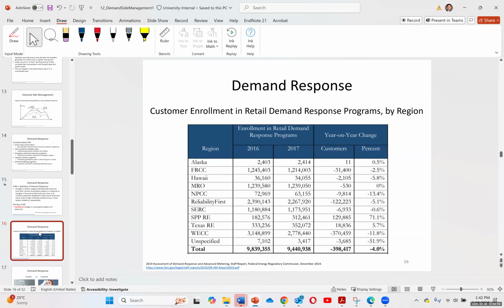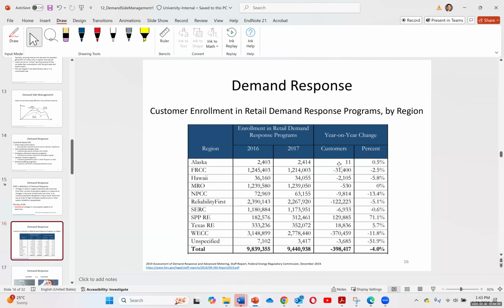This is customer enrollment in retail demand response programs by region. This is enrollment in retail demand response from 2016 and 2017. In some areas, there was an increase in participation and response. Some areas saw a decrease.